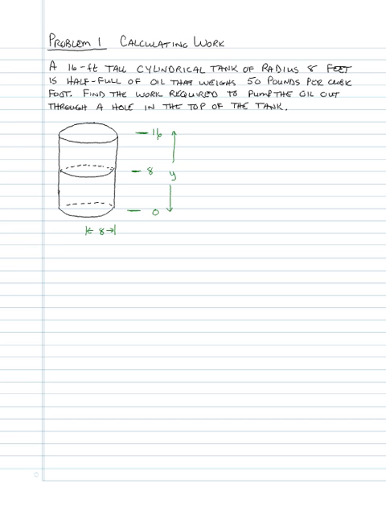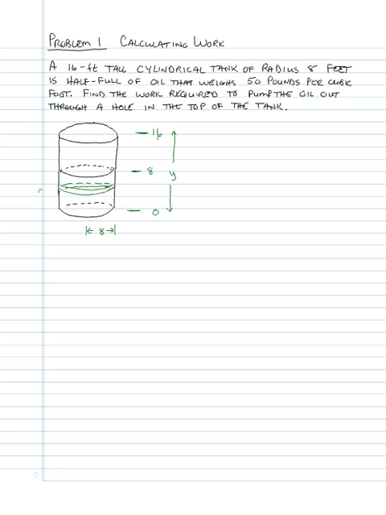So what we're going to do is incrementalize the level of the oil in the tank. That is, how we're going to think about this is we're going to take an infinitely small slice of oil. I'm taking an infinitely small slice of oil here.